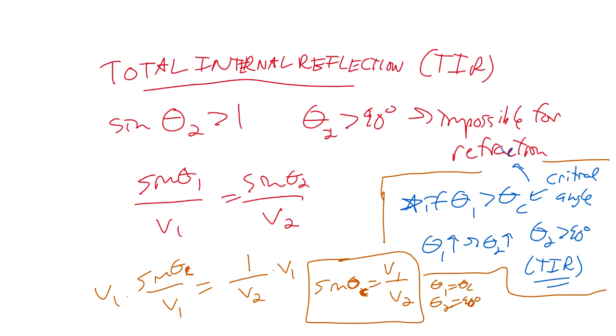And then you just get that the sine of the critical angle equals V1 over V2. So notice for this to happen, V2 needs to be bigger than V1 for that math to actually work. You won't get a critical angle if V1 is bigger because you can't have the sine be greater than 1. It all works out.